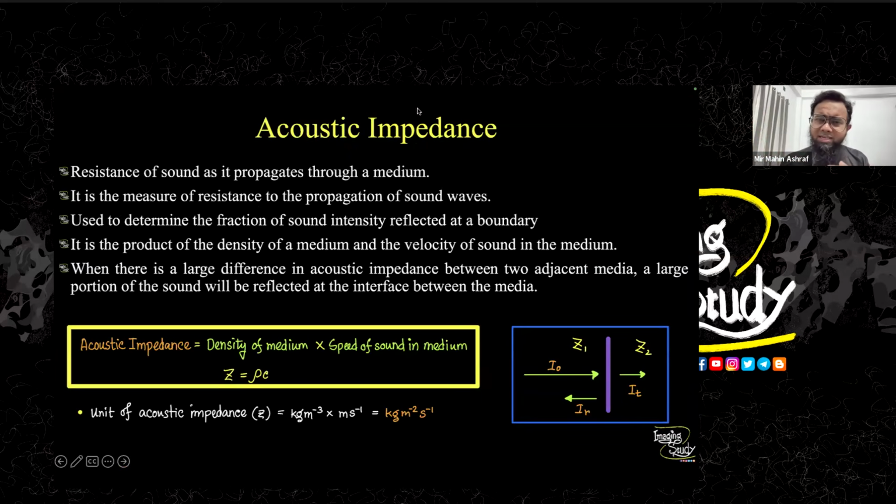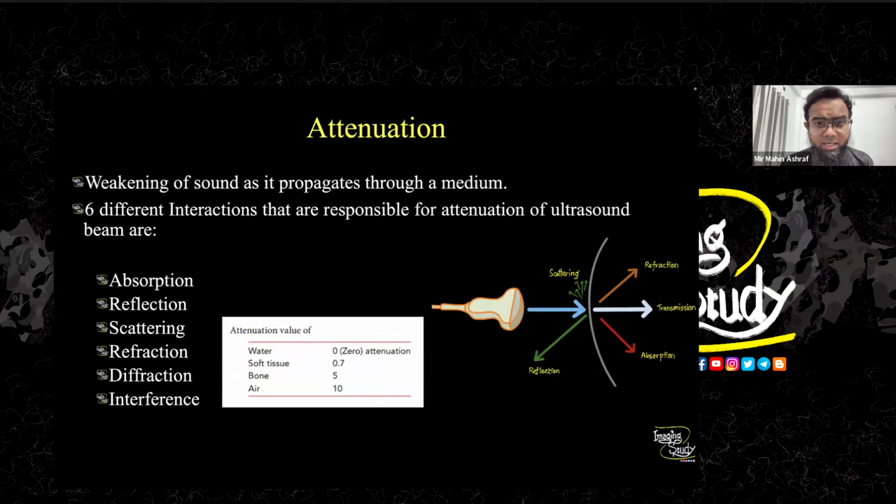The acoustic impedance actually depends on the density of the media and the speed of sound in this media. That is very important when you are dealing with ultrasound. Each and every media has different density and different speed of sound, so acoustic impedance is not similar for each and every media.